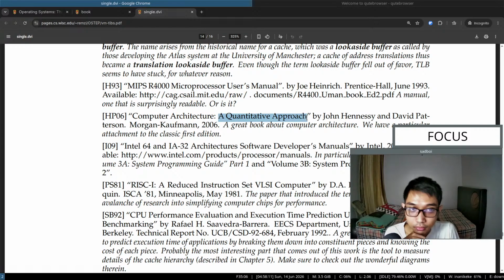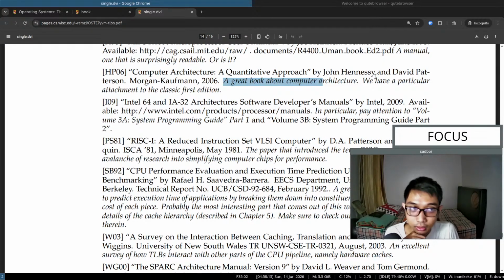Computer Architecture: A Quantitative Approach. A great book about computer architecture. We have a particular attachment to the classic first edition. Okay, Intel 64 and IA-32 Architectures Software Developer's Manual.